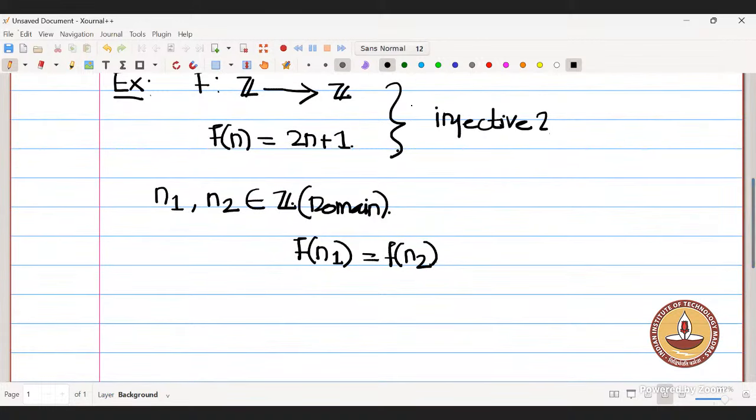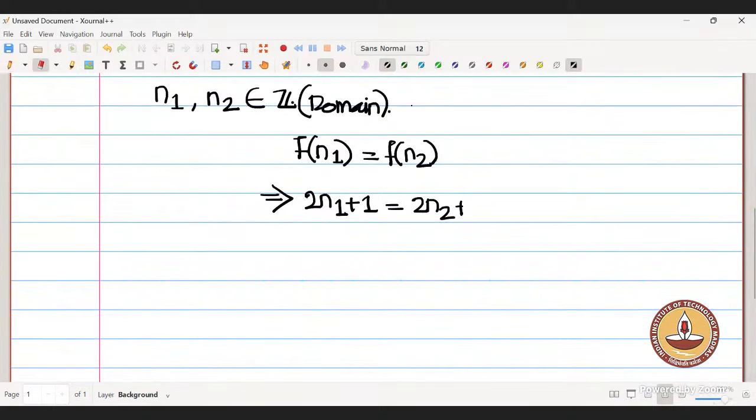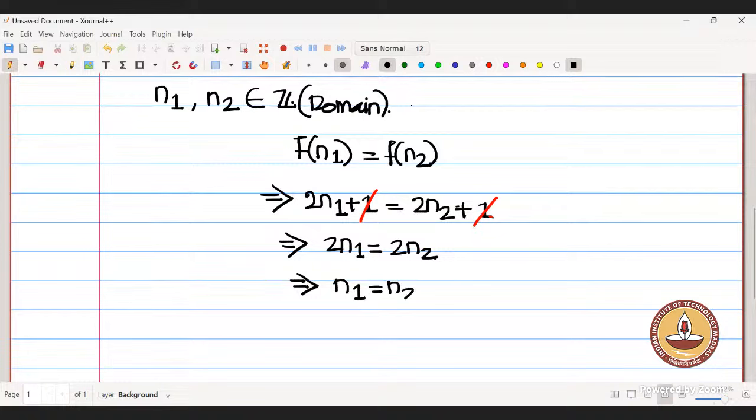Then from the definition, this is 2n1 plus 1, which is the same as 2n2 plus 1. I can easily cancel the 1 and 1. From there, I get 2n1 is equal to 2n2, and from here I get that n1 is equal to n2.